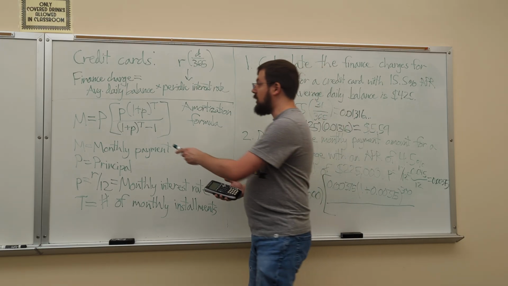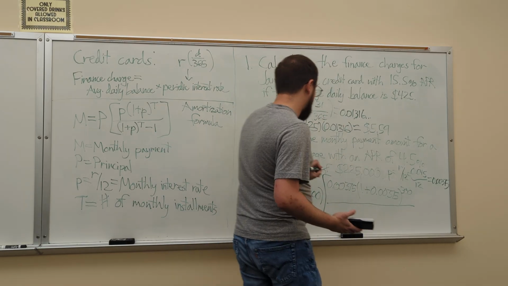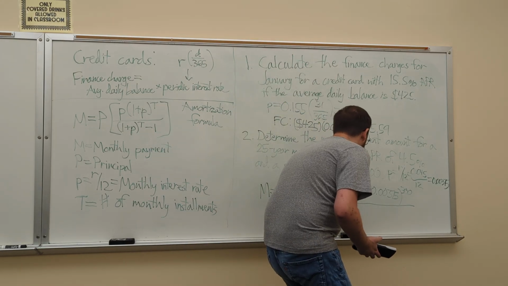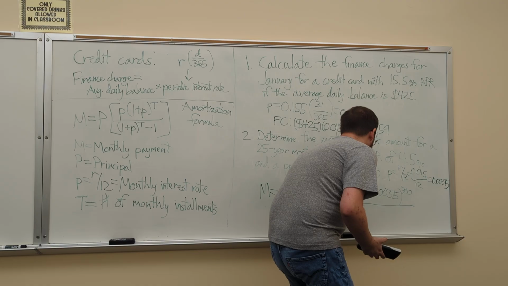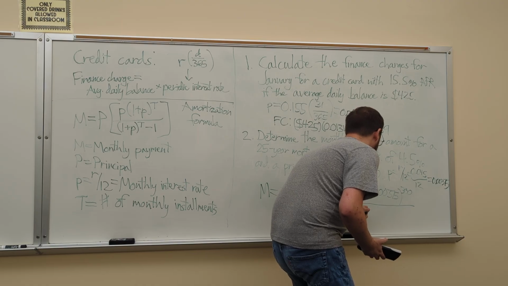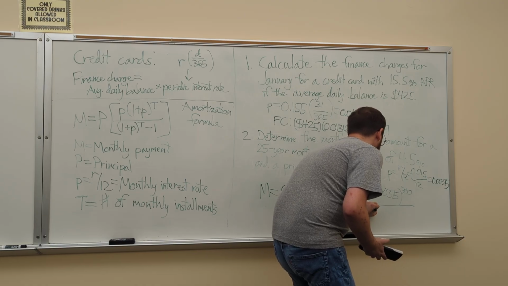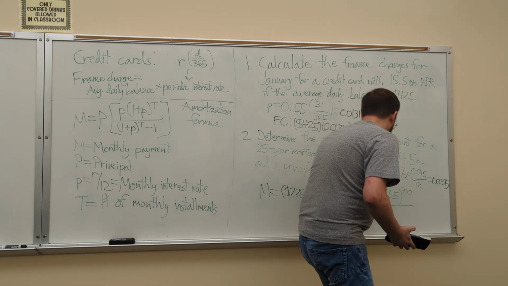And then down here in the bottom, we have 1 plus p to the T, so that's going to be 1 plus 0.00375 to the 300, minus 1.